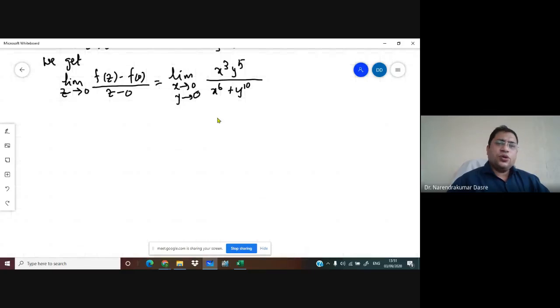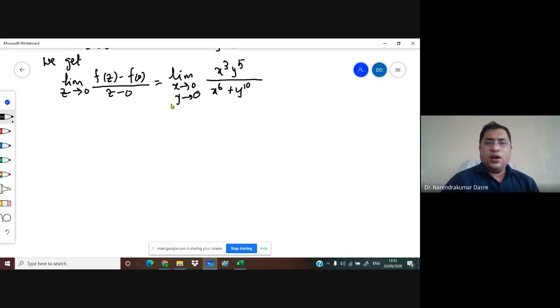Here x has to go to 0 and y has to go to 0. Both have to go to 0 simultaneously, and so we call this a simultaneous limit. This kind of limit is also called a simultaneous limit, which is a part of multivariate calculus. Now we have to find the solution for this limit.